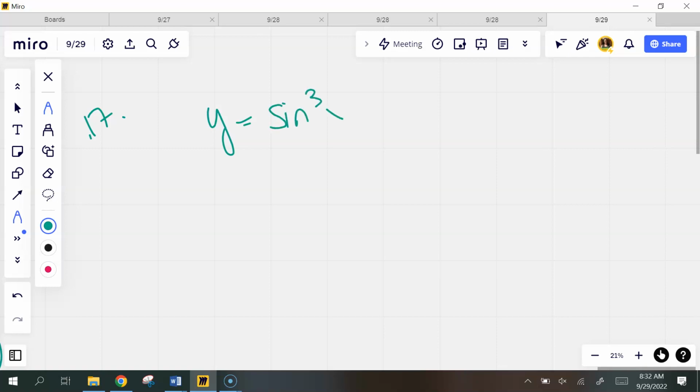Product rule with the chain. Double chain, maybe. All right, let's see. Derivative of the first. So I need to do derivative of sine cubed x. Power first.